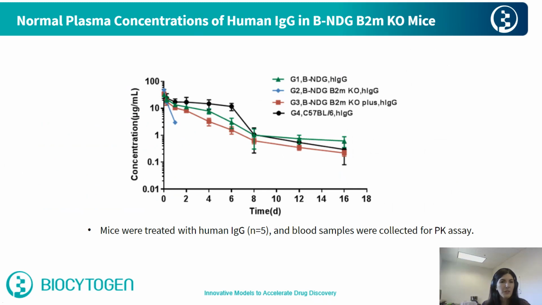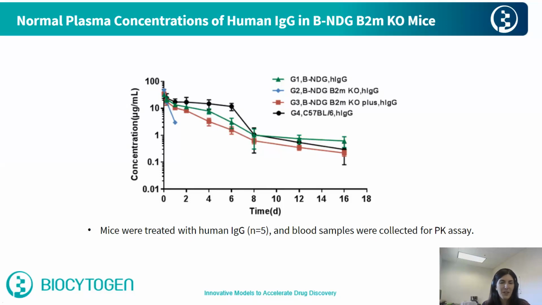Next, we wanted to confirm that the normal function of FcRn and IgG recycling can be maintained because the beta-2 microglobulin gene is now under control of the FcRn promoter. So as you can see in this graph by the red line, the concentration of human IgG in these mice after injection is relatively comparable in the KO mice compared with the parental strain and the C57 black 6 mice.